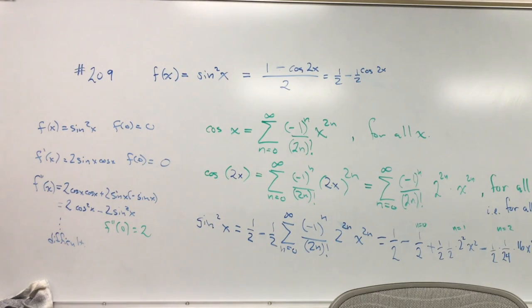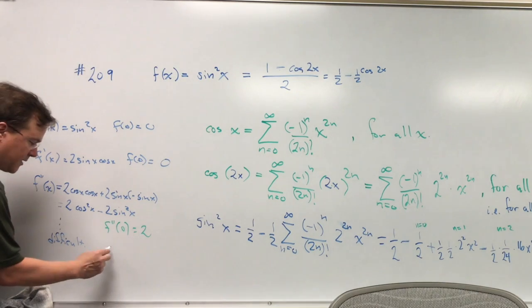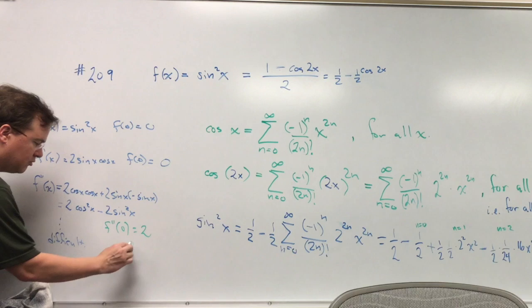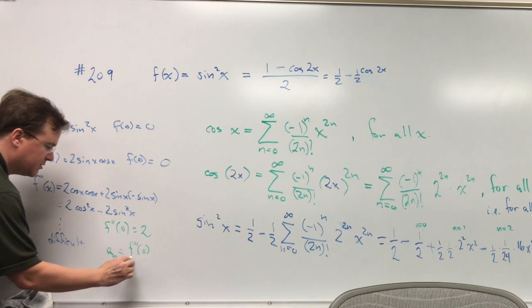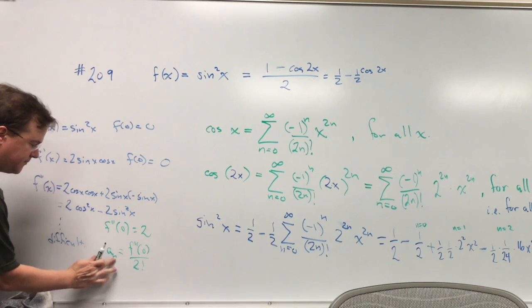But at least I did get this far. I can see that the second derivative valued at 0 is 2. And according to the formula, a sub 2 would be the second derivative evaluated at 0 divided by 2 factorial.